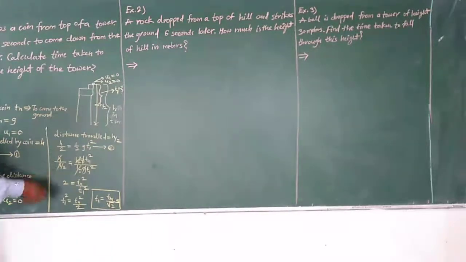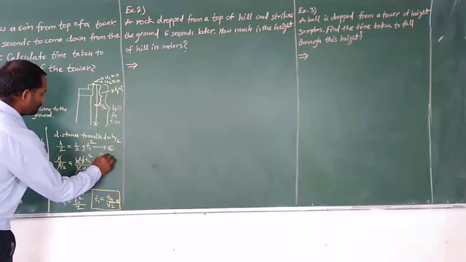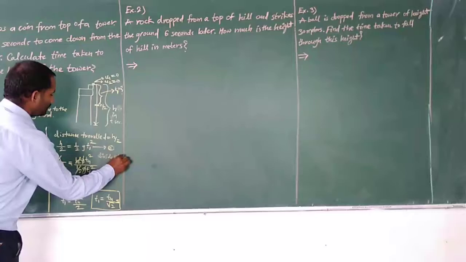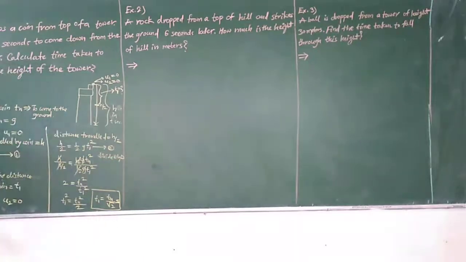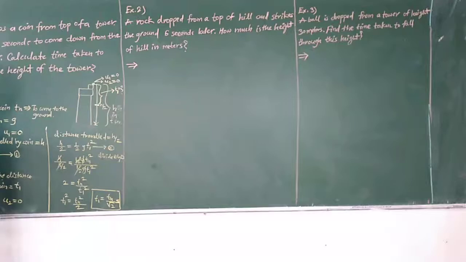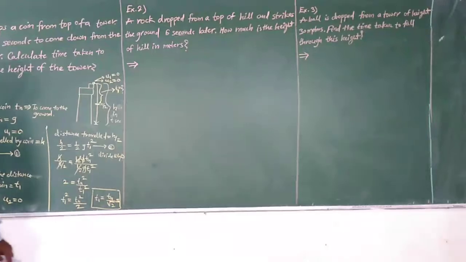So divide 1 by 2. Then you will get 2 is equal to Tn square divided by T1 square. So T1 square is equal to Tn square by 2. So T1 is equal to Tn by root 2 seconds.